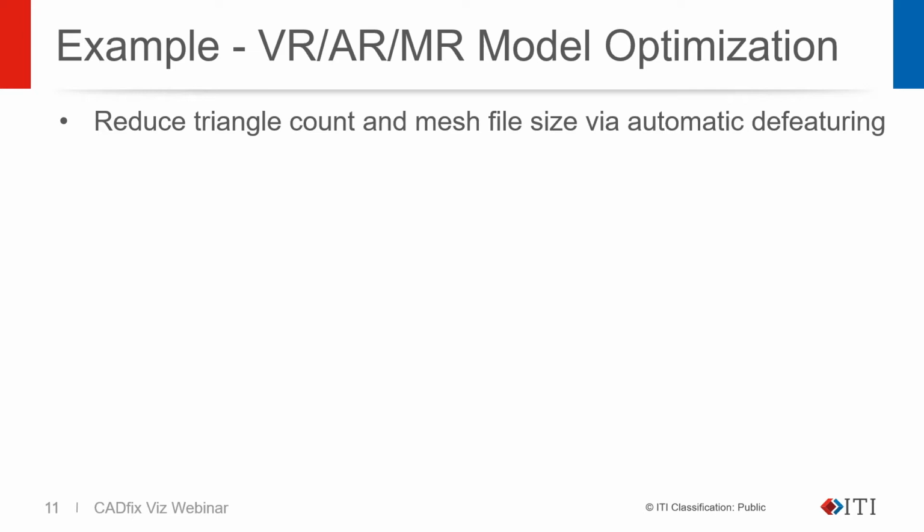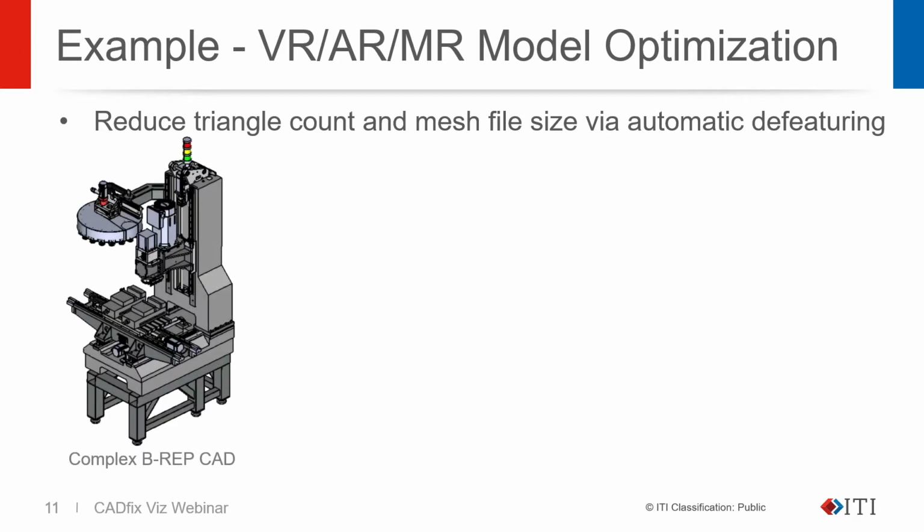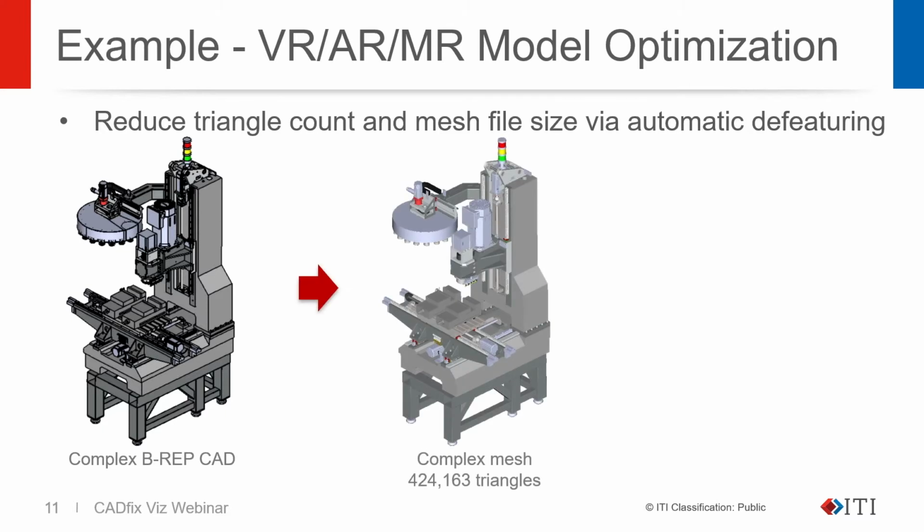So when we wrap all of those things up into our process, what we're looking to achieve is this reduced triangle count and mesh file size via our defeaturing. So here, a real example, we have our complex BREP CAD model, lots of features. We can turn this into a visualization mesh. Here we have quite a complex mesh. We've just meshed this as it is, all the components, all the small bodies, and all the features, and we have a huge model, 424,000 triangles, not particularly appropriate for our visualization application.